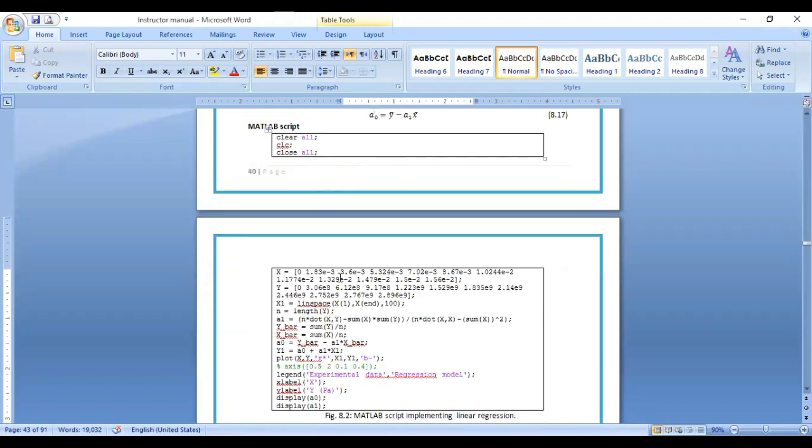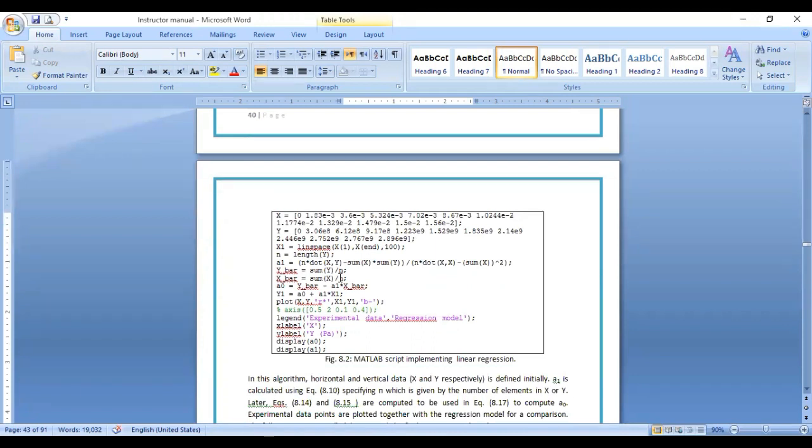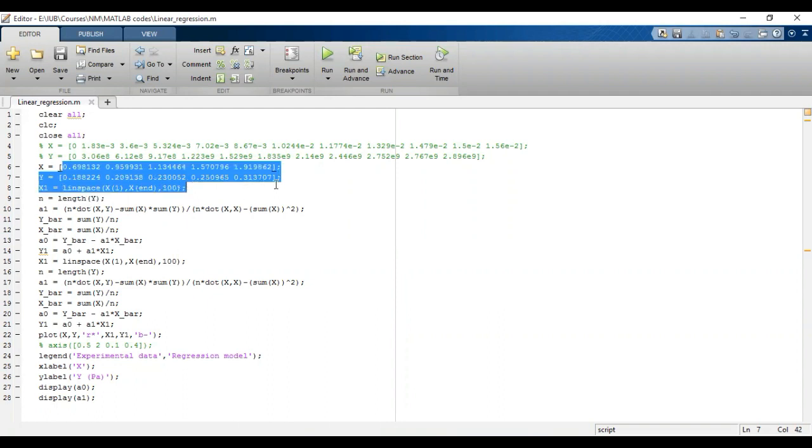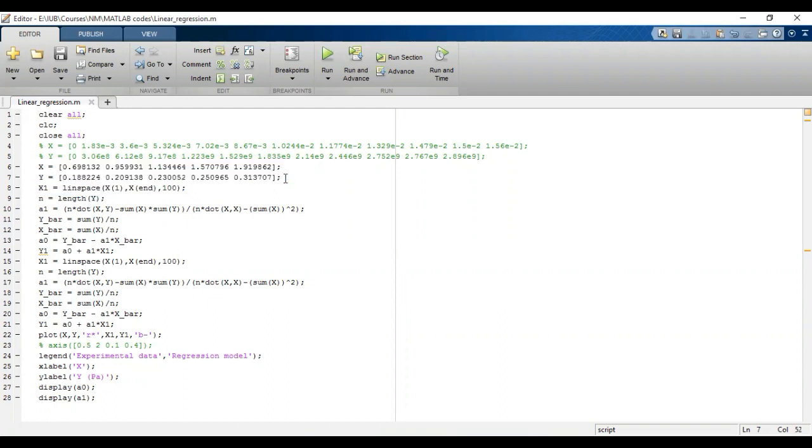This is the MATLAB script, and by using this script, we can calculate the values of a1 and a0, and we can plot our linear regression model on top of the experimental data and check the suitability of this model.